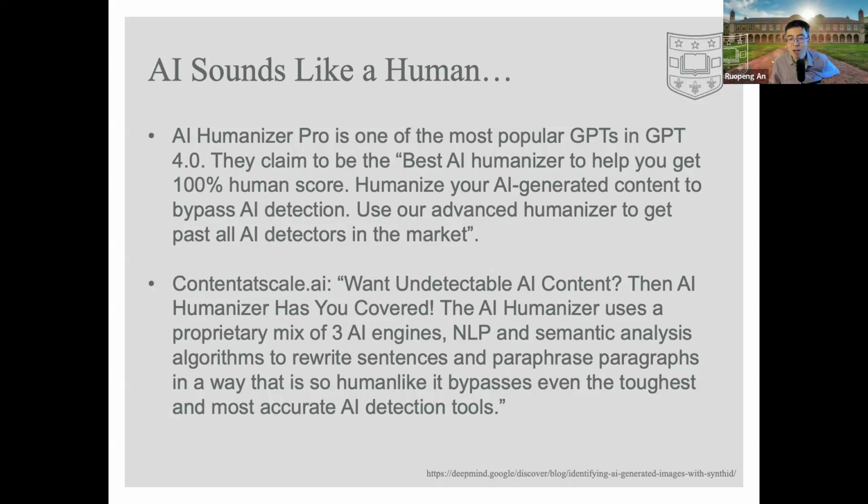Another software which is quite popular is called Content at Scale AI. It has an advertisement: want undetectable AI content, then AI Humanizer has you covered. The AI Humanizer uses a proprietary mix of 3 AI engines, NLP, and semantic analysis algorithms to rewrite sentences and paraphrase paragraphs in a way that is so human-like that it bypasses even the toughest and the most accurate AI detection tools.